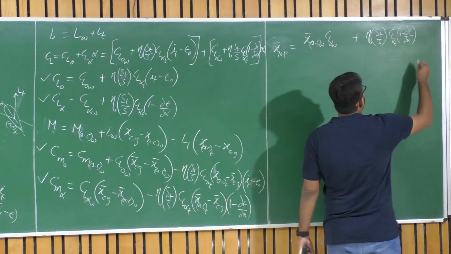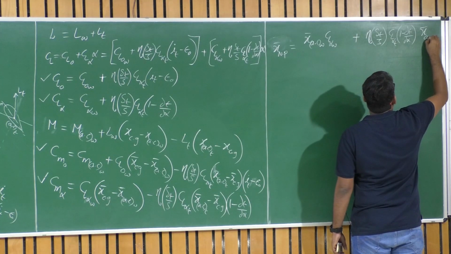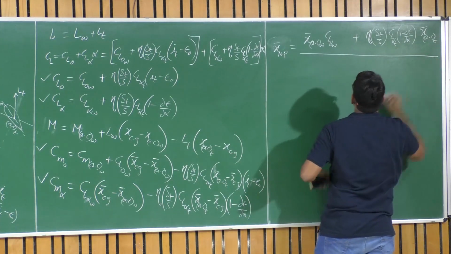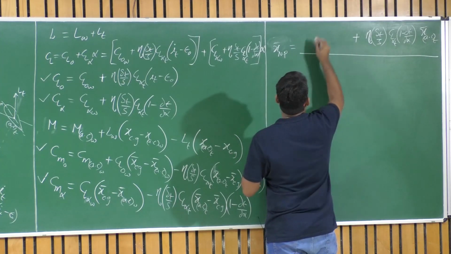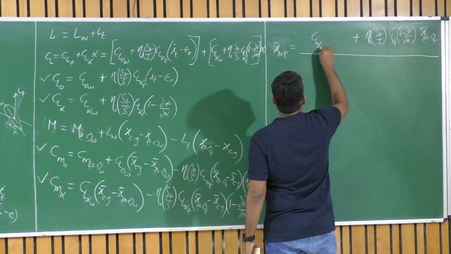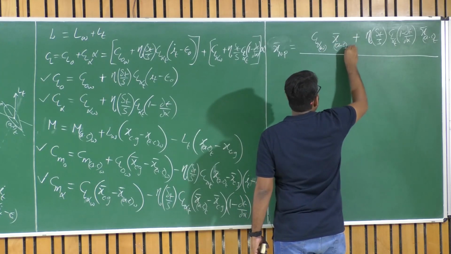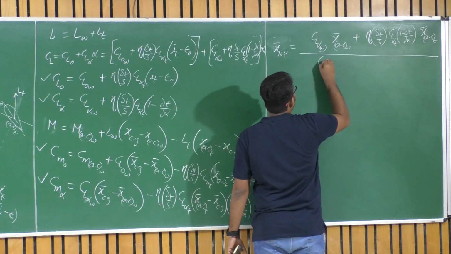And then CL alpha of tail, x bar AC of tail upon, otherwise you can do it this way, CL alpha of wing times x bar AC of wing plus eta st upon s times CL alpha of tail times x bar AC of tail upon the total CL alpha of this aircraft.